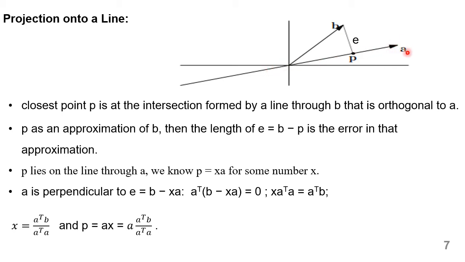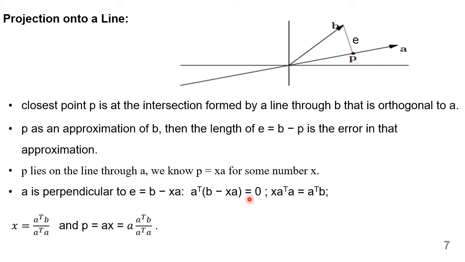I can multiply this vector A by a scalar quantity x, and I can get the value of P. So P is equal to x into A. And we know that A is perpendicular to E. I can say that E and A are orthogonal to each other, perpendicular to each other, where E is given by B minus xA.